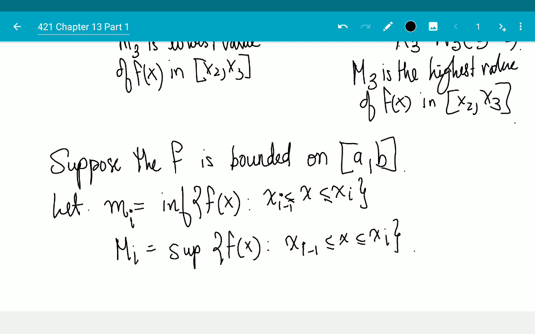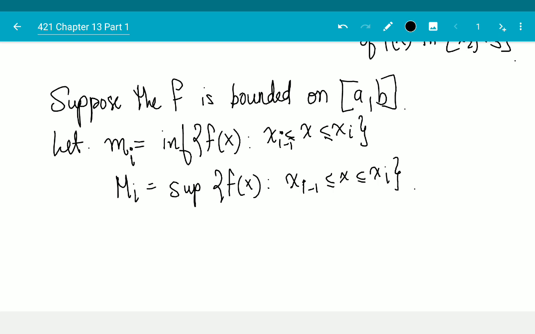So small mi is the minimum in that interval, and capital Mi is the maximum in that interval.